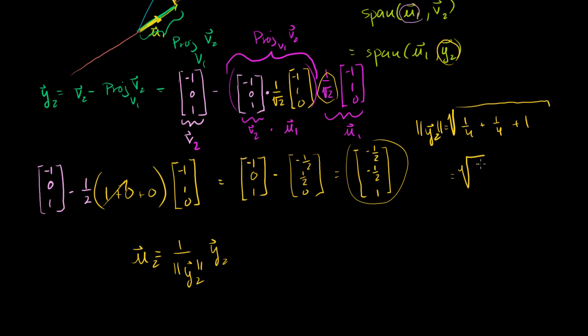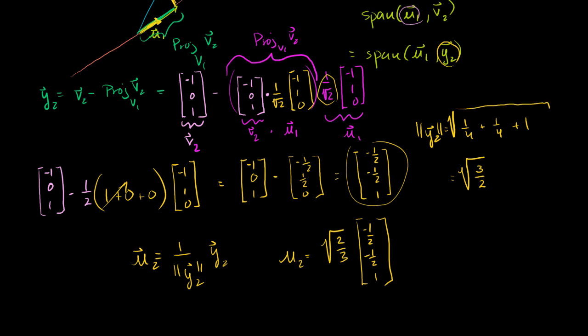So it's equal to the square root of 3/2. So if I define u2 as equal to 1 over the square root of 3/2, which is the same thing as the square root of 2/3, times y2, which is this guy right here, minus 1/2, minus 1/2, and 1.